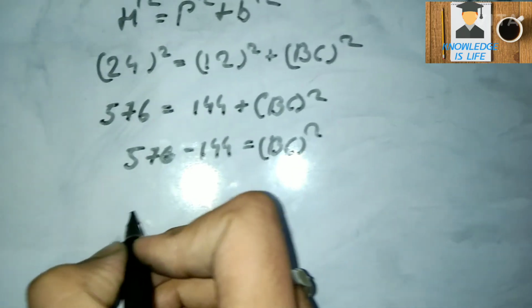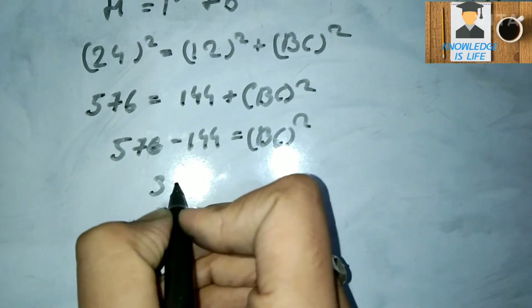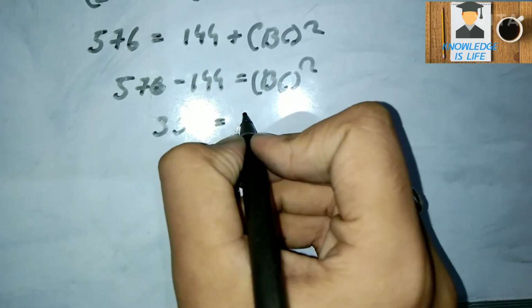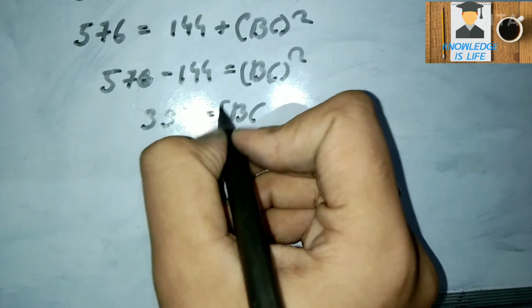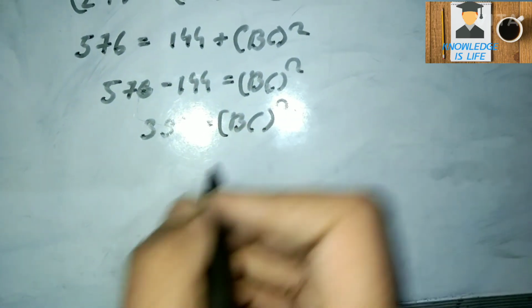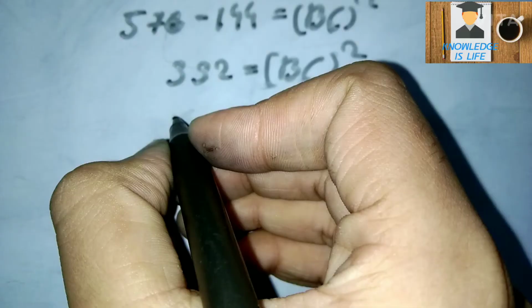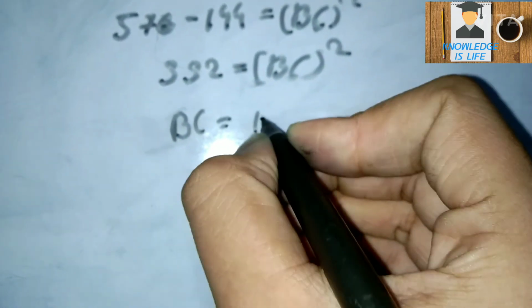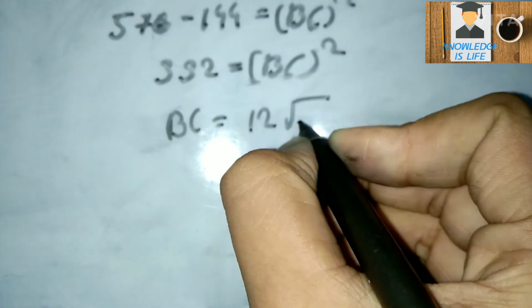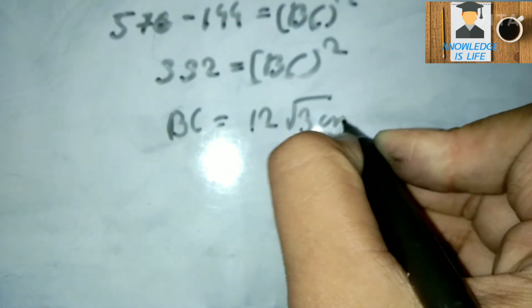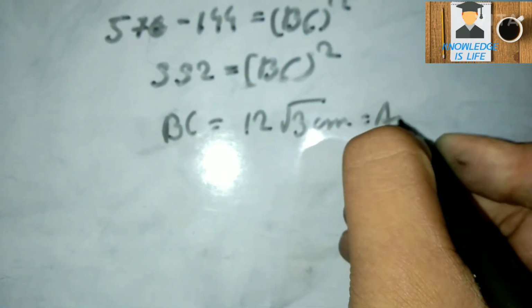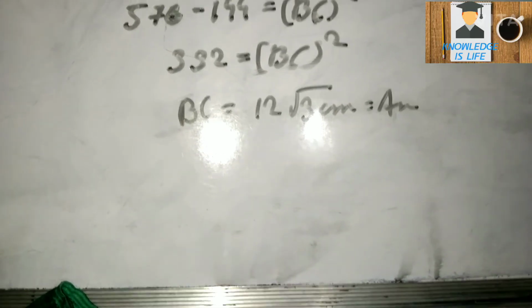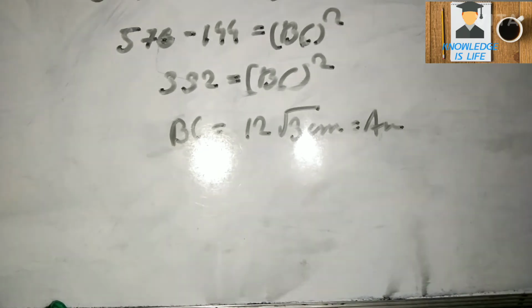Okay, so our answer will be 432 equals BC square. So BC will be 12 root 3 centimeters. Okay, so our answer will be 12 root 3 centimeters.